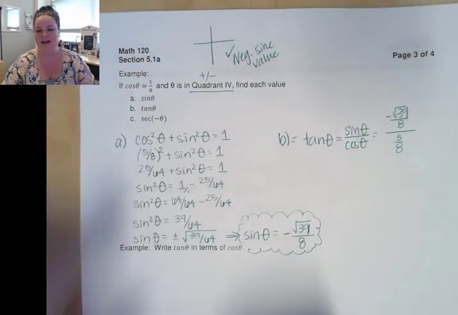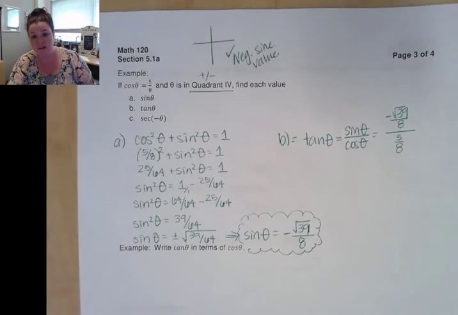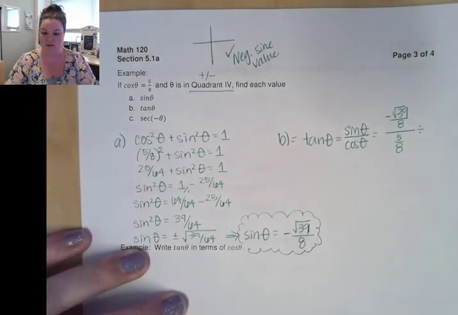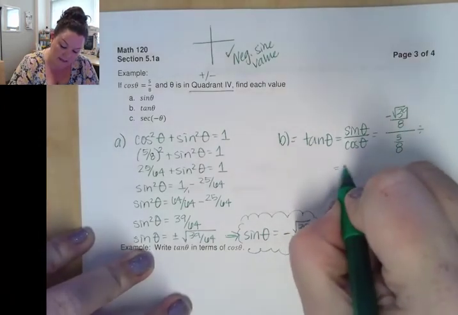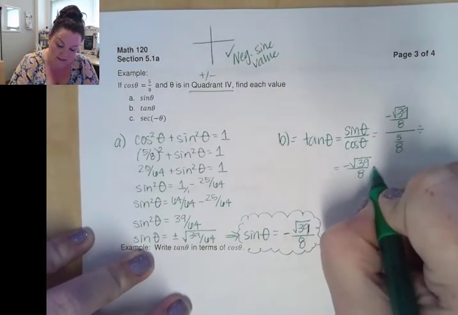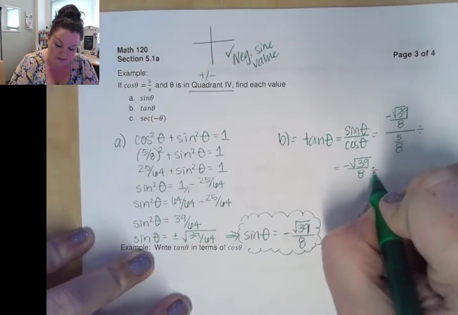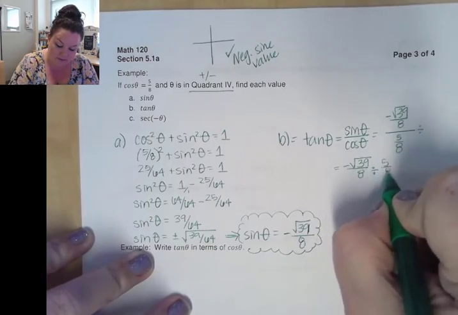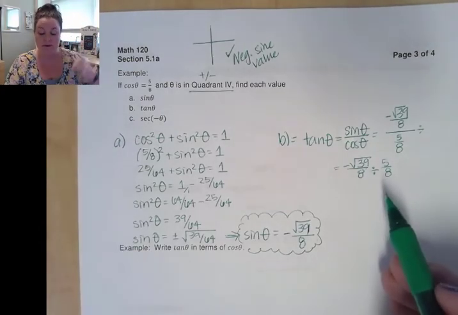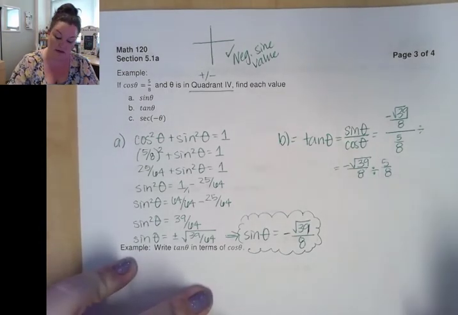Now we don't want to leave it like that because that's a fraction within a fraction. But remember, fractions just represent division. So this is the same thing as saying negative square root of 39 over 8 divided by 5 over 8. And when we divide fractions, we flip and multiply by the reciprocal of the one we're dividing by.